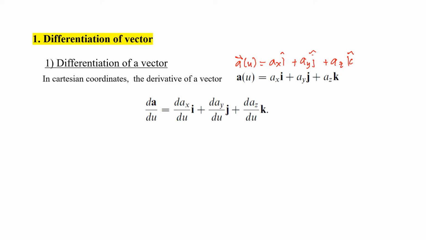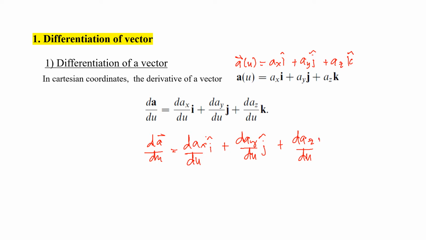Handwritten, this is dA/du = dAx/du i-hat plus dAy/du j-hat plus dAz/du k-hat. So this is the derivative of a vector A(u) with respect to your scalar variable u.